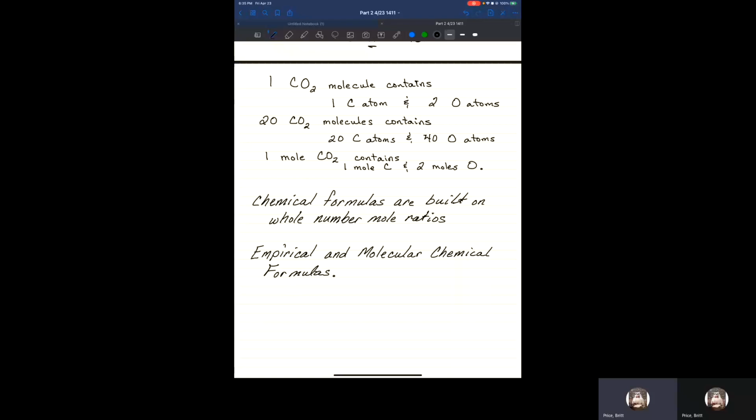An empirical formula is the simplest whole number ratio of elements in the compound.